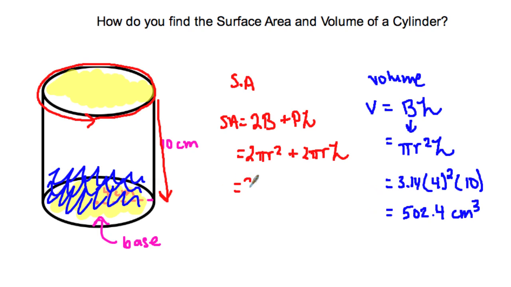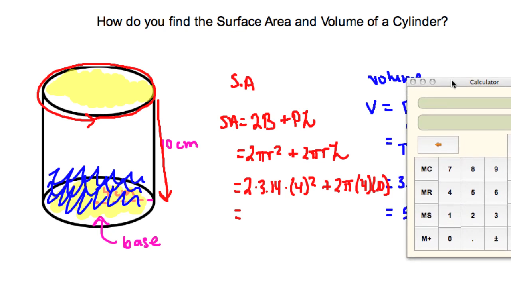We put in some values now, 2 times 3.14 times 4 squared plus 2 pi 4 times 10. Oh, I'm getting a little bit crunchy here.